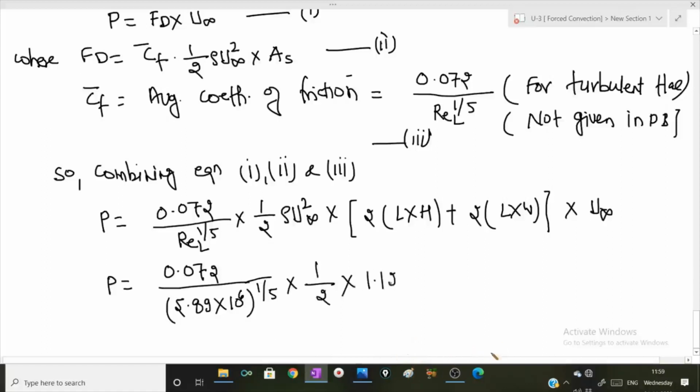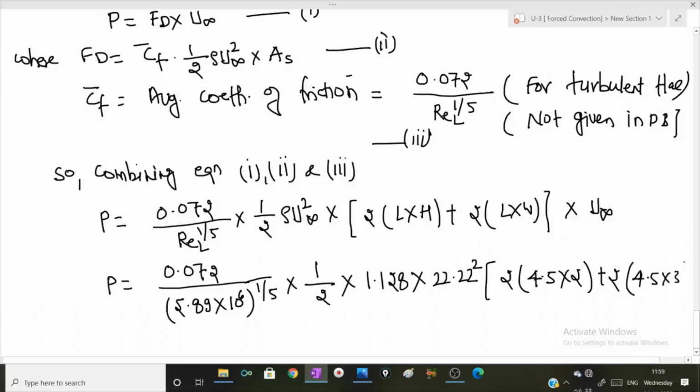Density is 1.128 into 22.22 whole square, twice into length, which is 4.5, and height is 2 meter, plus twice into 4.5 into 3 meter, width is 3 meter.